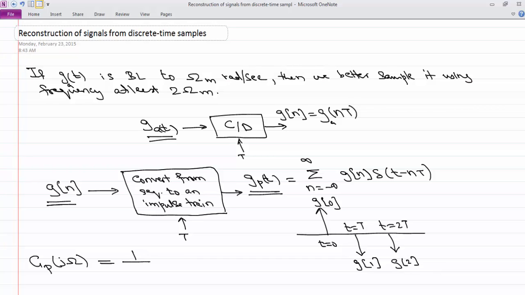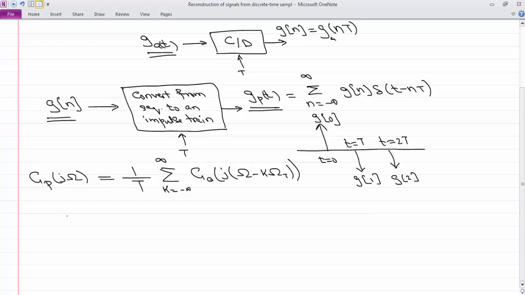Mathematically, we can write g_p(j omega), with a scaling and a periodic repetition of g_a(j(omega minus k omega_t)). Each copy is separated by 2 pi over t in the frequency domain.